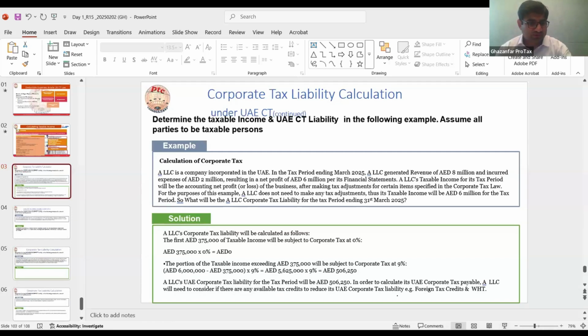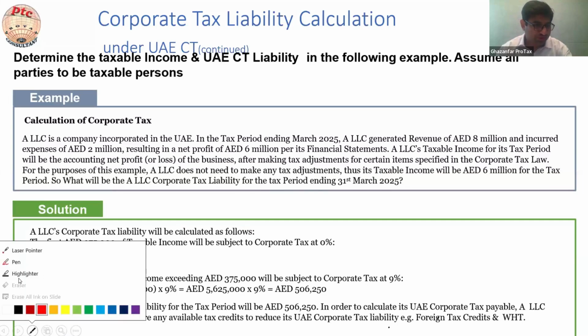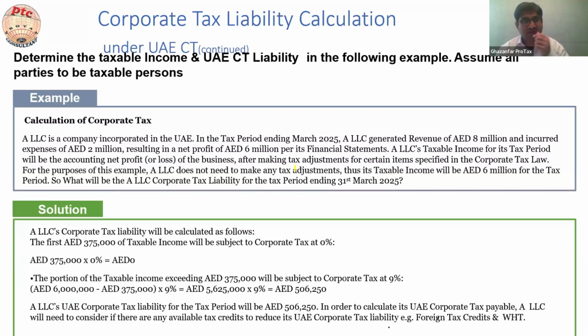Okay, guys, I think it's not switching appropriately. Let's continue in one color only. Again, I'm summarizing: the LLC is incorporated in UAE, so it is resident, and there is the tax period year end.